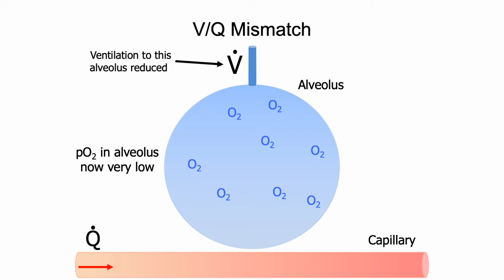And this is because oxygen molecules are continually diffusing from the alveolus to the blood. If the ventilation does not keep up with the oxygen entering the blood, then the oxygen levels in the alveolus will become very low, and as a result, the blood will also have a very low oxygen content.